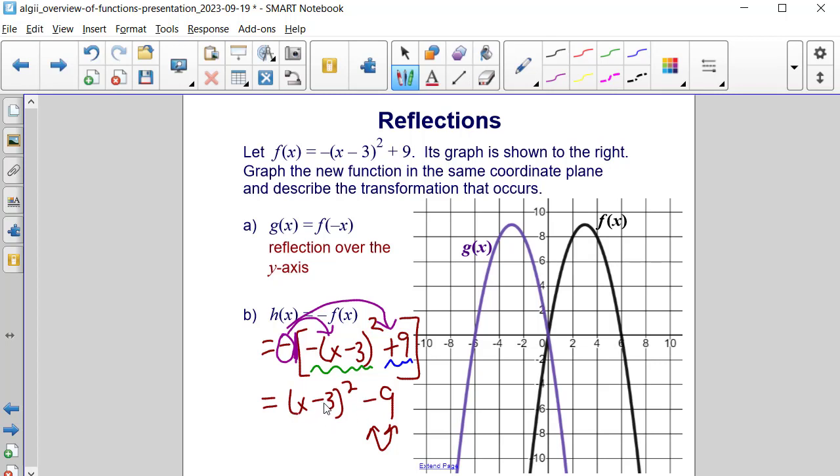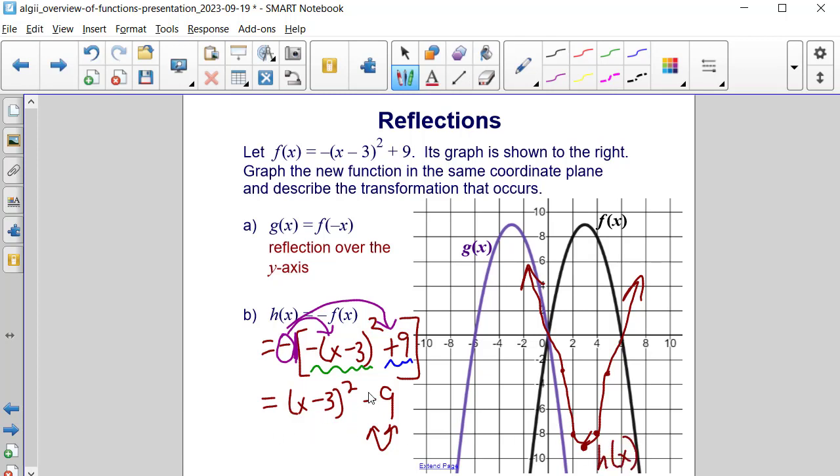And its vertex is going to be 3, -9. So here we're at 3, and if we go down 9, this is going to be where our vertex is. And now we can graph our new parabola. So this is h of x.